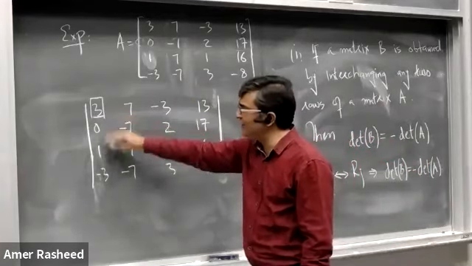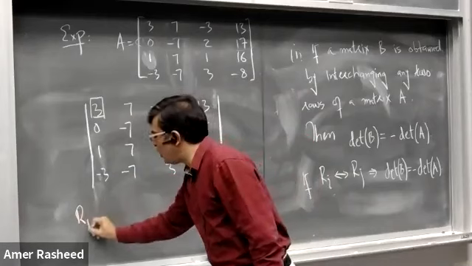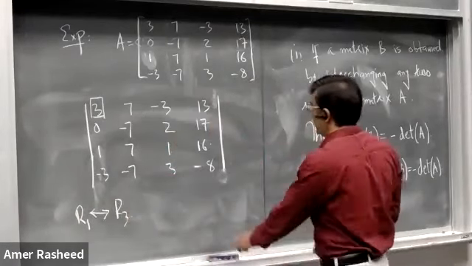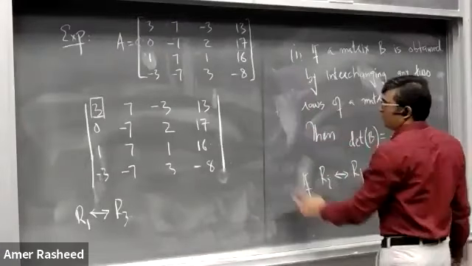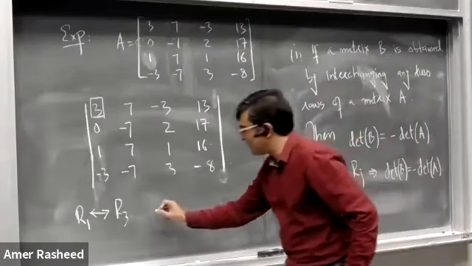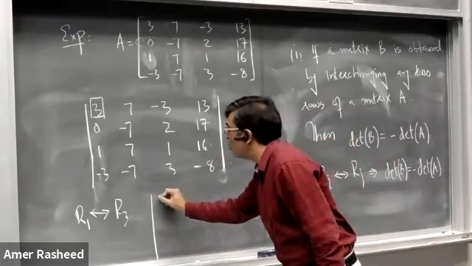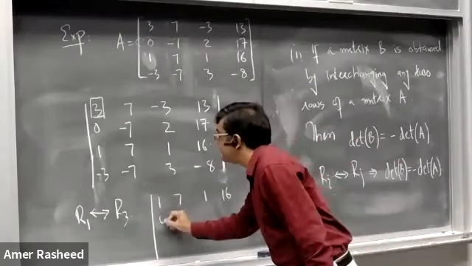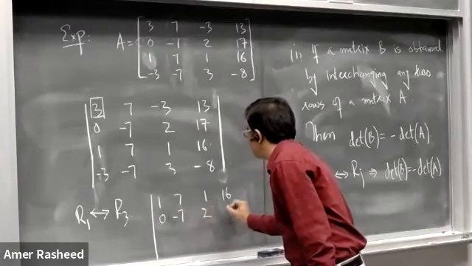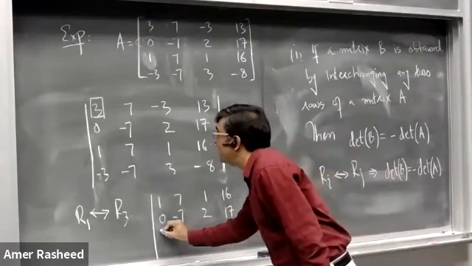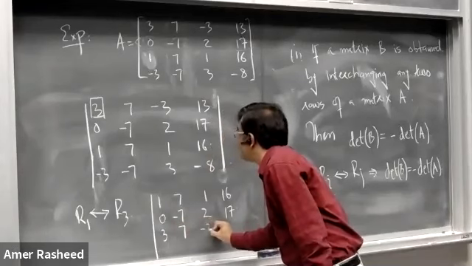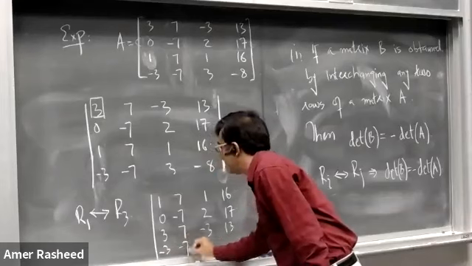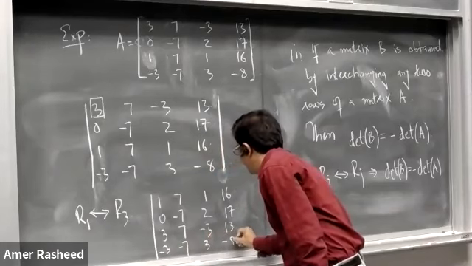We interchange first and third row, means R1 interchange with R3. The resulting matrix will be 1, 7, 1, 16, 0, -7, 2, 17, and then 3, 7, -3, 13, and -3, -7, 3, and -8.